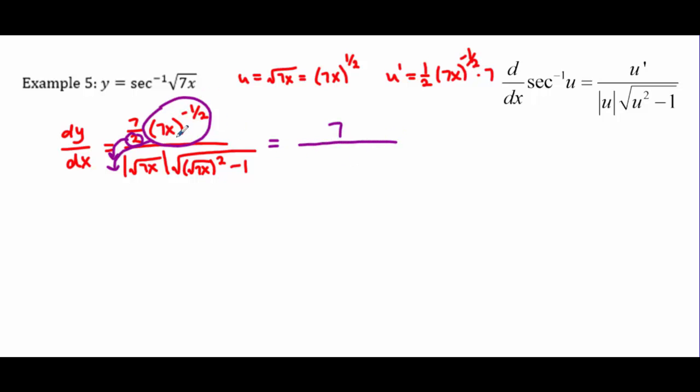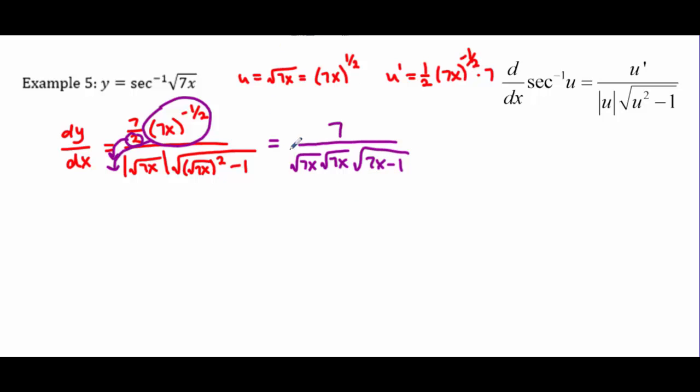I'm going to move this down to the bottom so that this is the square root of 7x on the bottom. I'm going to get rid of these absolute value bars so that that is also square root of 7x. And then the square inside my square root, the square root of 7x squared, will cancel each other out, so that this is just 7x minus 1.